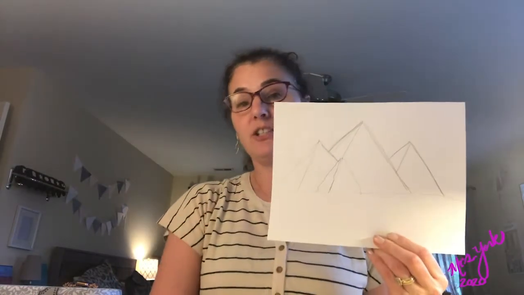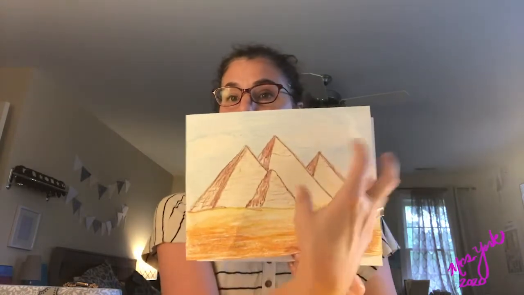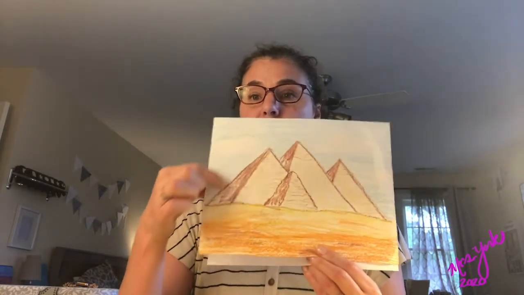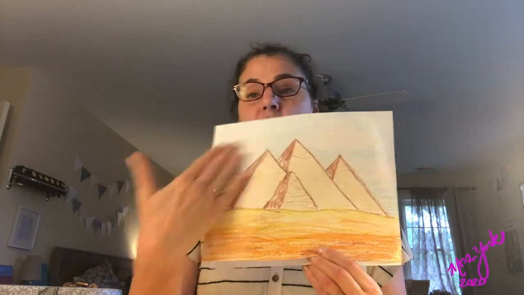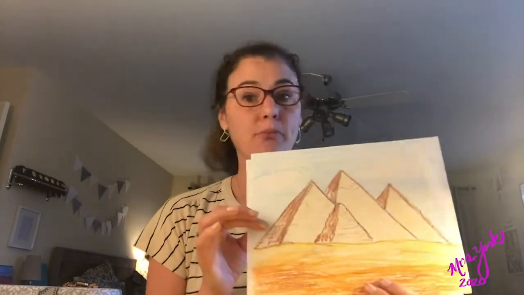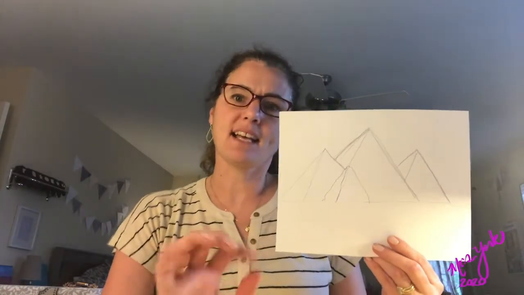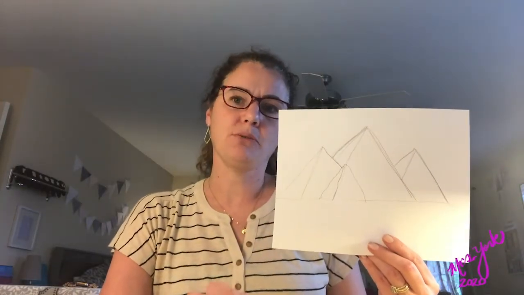Now, when we color, you will notice that this side, because the light source is over here, is going to be shaded. Now, I'm going to make some different color choices when I color just to make it different. You may do that as well, okay? And I will speed this up so you do not have to spend a lot of time watching me draw, okay? So here we go.